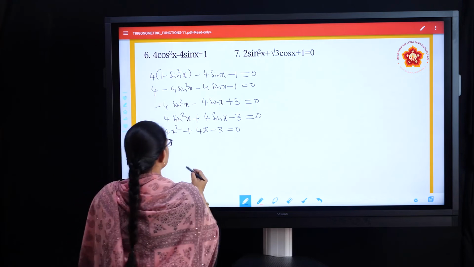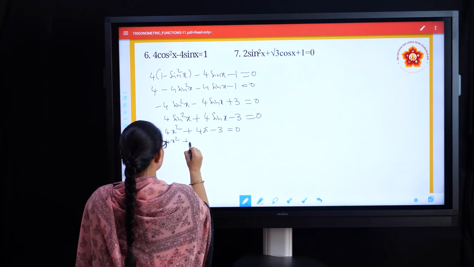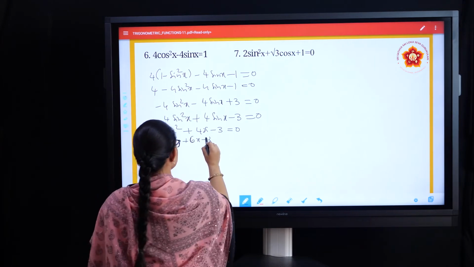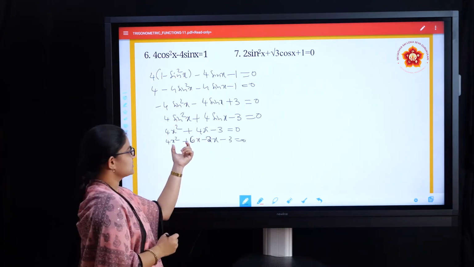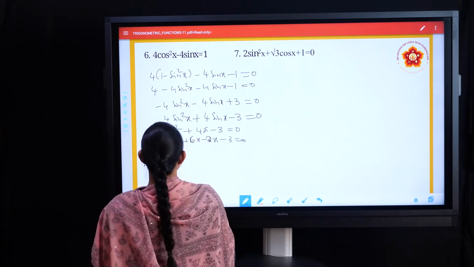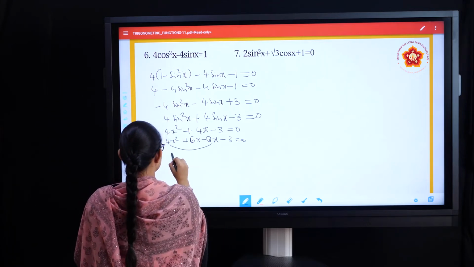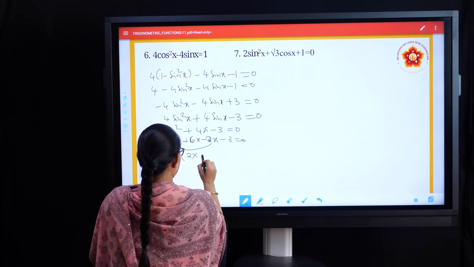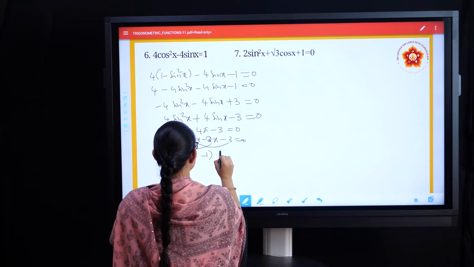So we can factorize it, that is we can rewrite that as 4x square plus 6x minus 2x minus 3 is equal to 0, that is 4x I can write as 6x minus 2x. So now taking 2x out, I am getting 2x minus 1, and here from these two I am taking 3 outside.